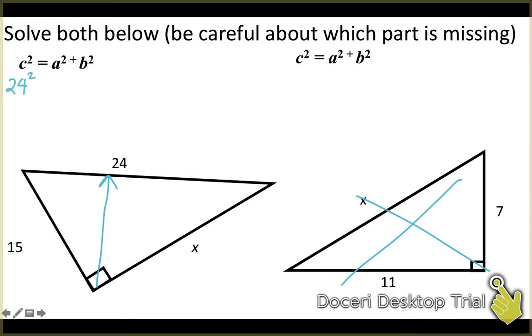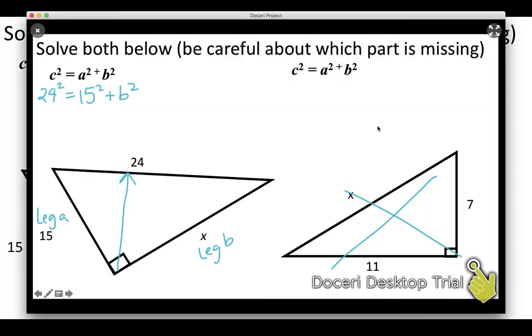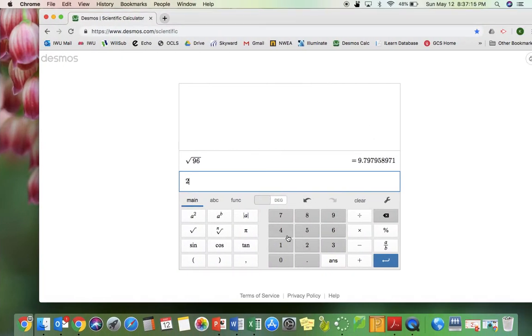I'm going to put 24 squared is equal to, I have leg A and leg B, so 15 squared plus B squared. Alright, so let me go ahead and put these in the calculator. I have 24 squared, and I also need to know 15 squared.